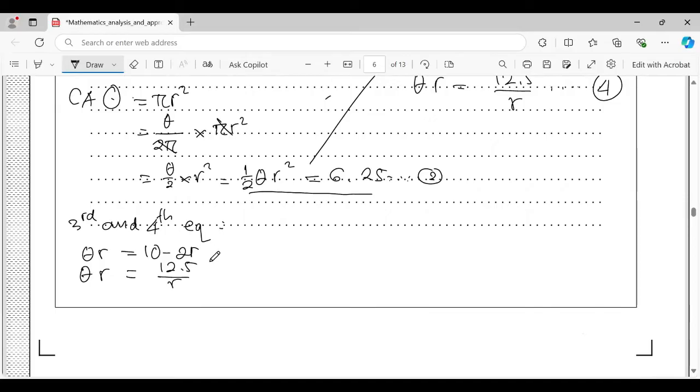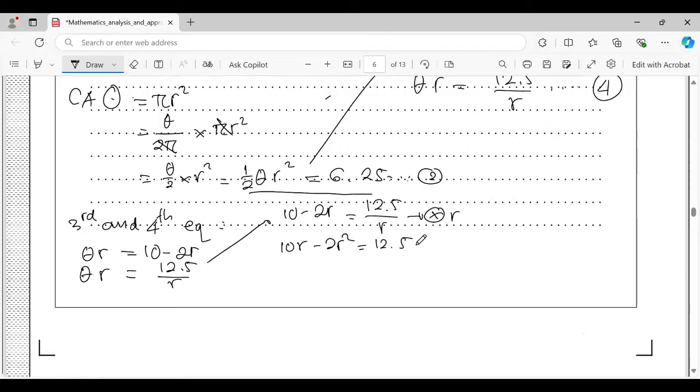So it means 10 minus 2r equals 12.5 over r. And multiply by r becomes 10r minus 2r squared equals 12.5.